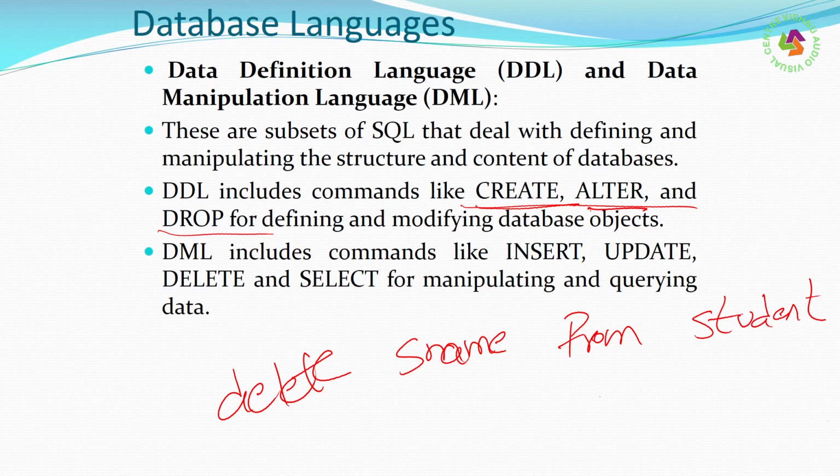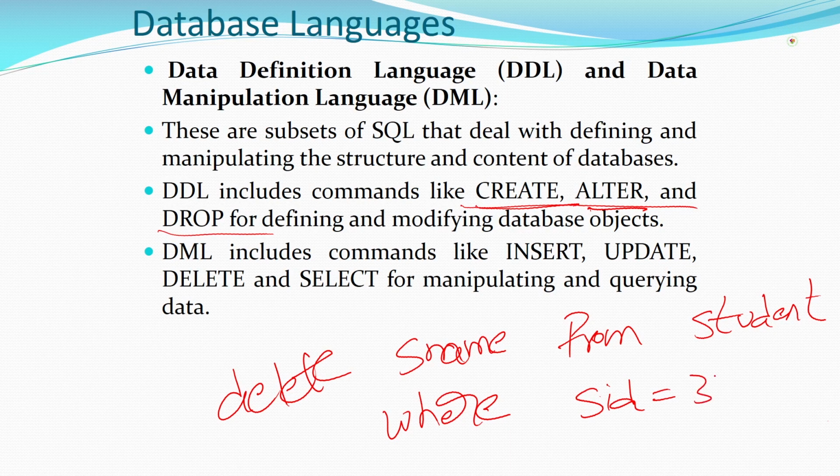For example, delete sname from student where, as I told, in the where clause you normally use the primary key to identify. That is SID, the roll number. SID is equal to 3201. So for 3201 you would like to remove the student name. So you can do it this way.